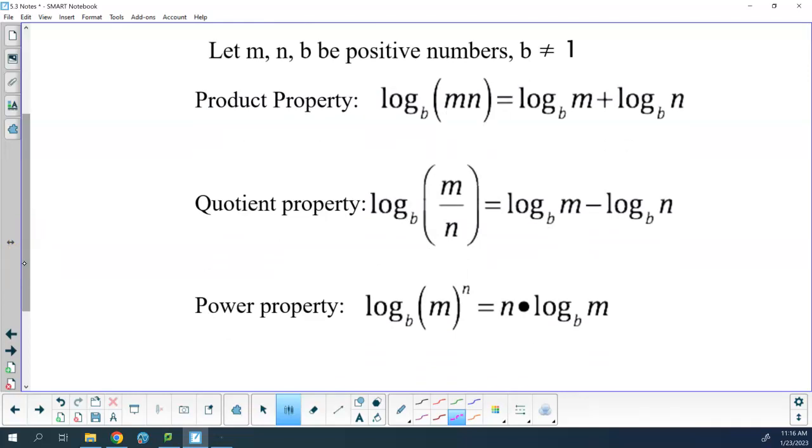And here are those three properties. Okay? I'll give you a few moments to write them down. So the first one is called the product property.